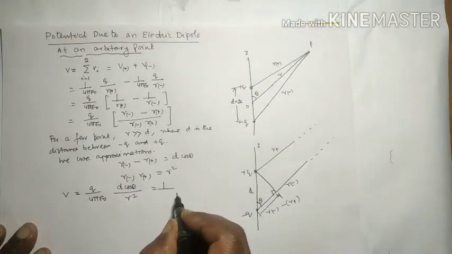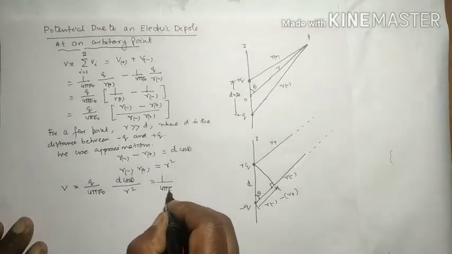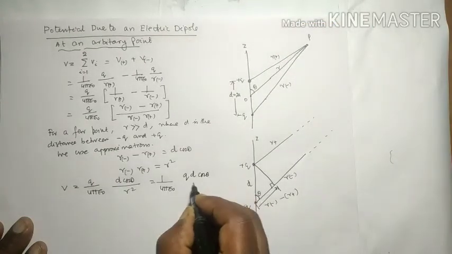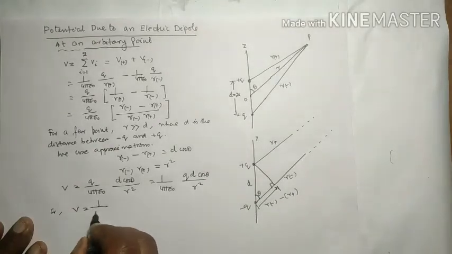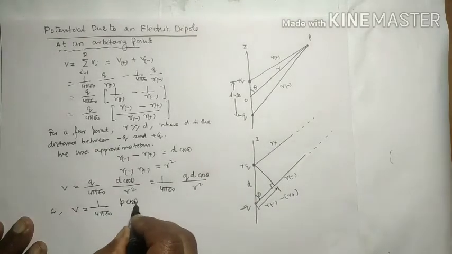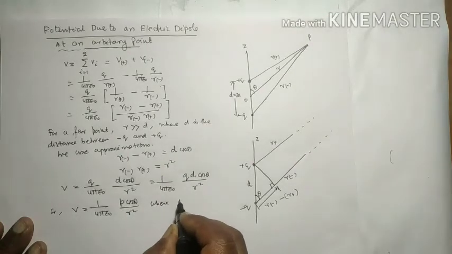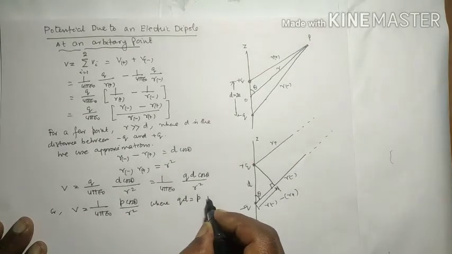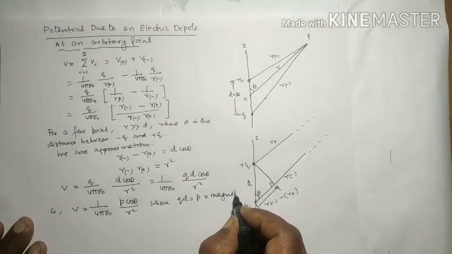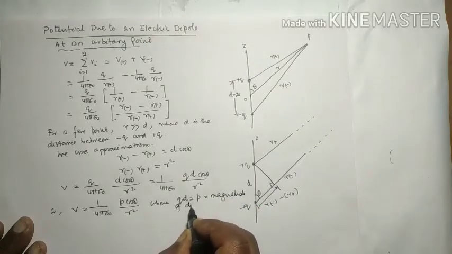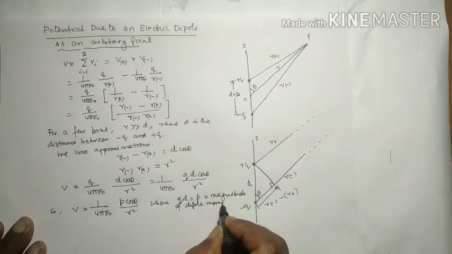So using this we find V equal to q by 4 pi epsilon 0 into d cos theta by r square. So this is 1 by 4 pi epsilon 0 q d cos theta by r square, or V equal to 1 by 4 pi epsilon 0 p cos theta by r square, where q d equal to p. p is the magnitude of the dipole moment.